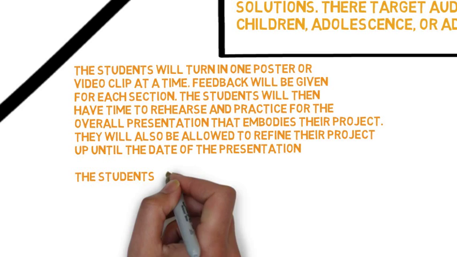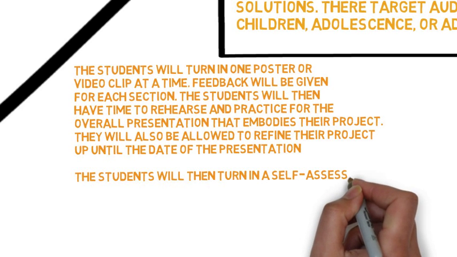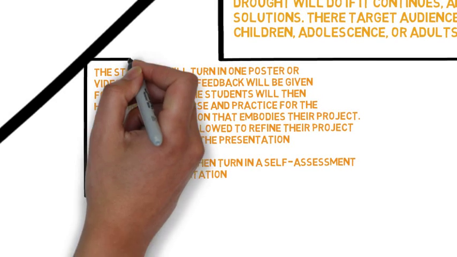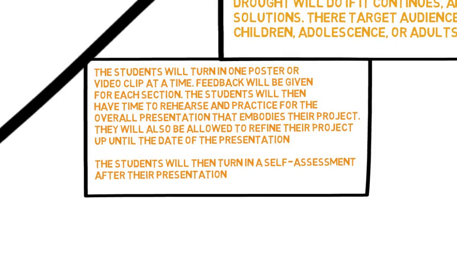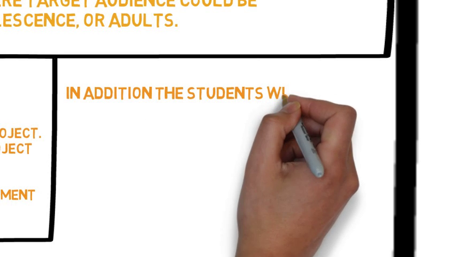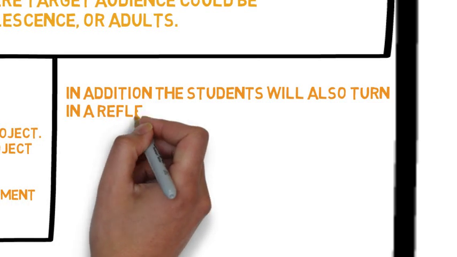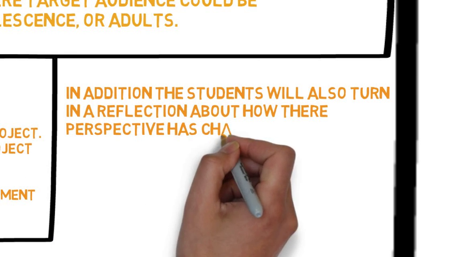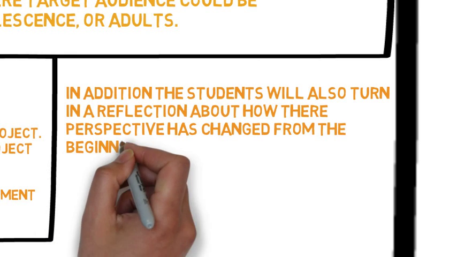The students will then turn in a self-assessment after their presentation. In addition, the students will also turn in a reflection about how their perspective has changed from the beginning of the unit to the end of the unit.